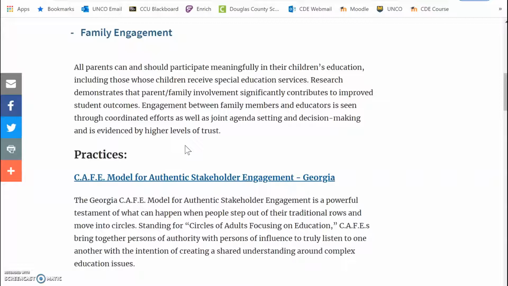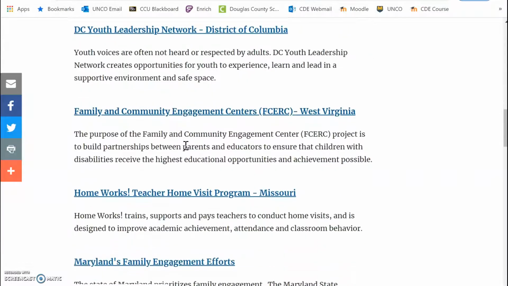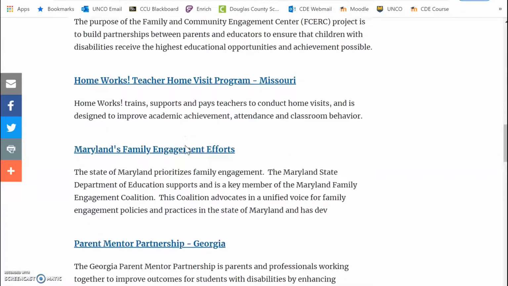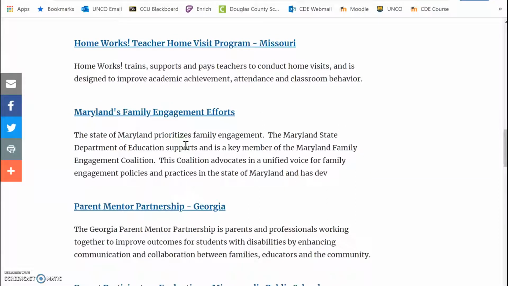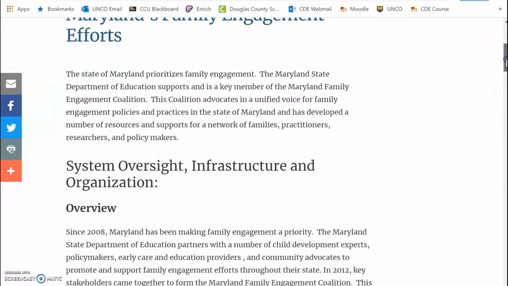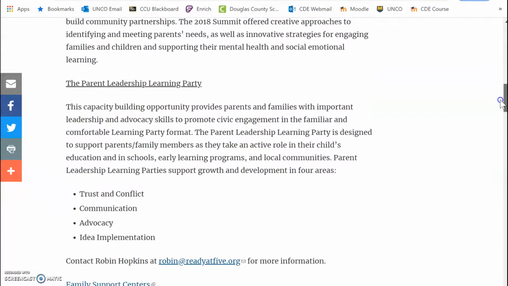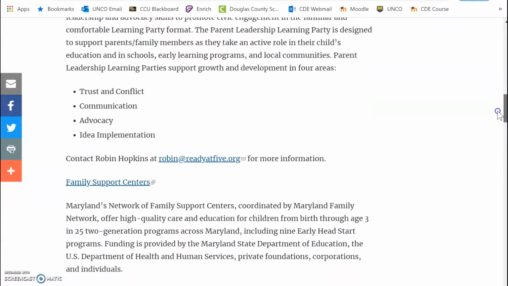And as you scroll down here, you'll see many different examples of what various states are doing to develop that family engagement. So for instance, let's link to what Maryland is doing to engage families. Then you can just go through and see what kinds of programming they have in place.